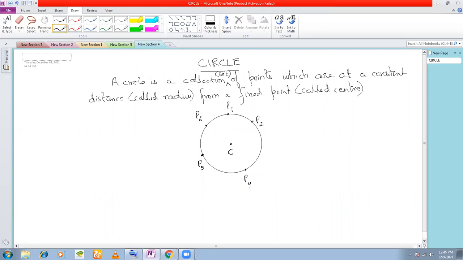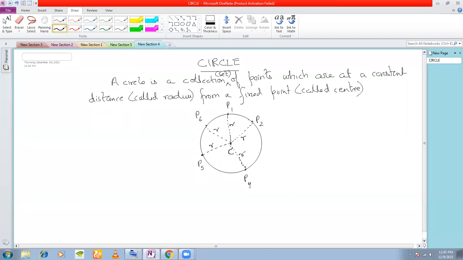All these distances that you see here are constant, they are the same, they are equal, and each of them is called the radius of the circle. Radius is denoted by r.